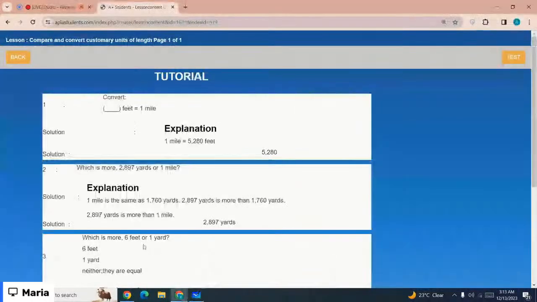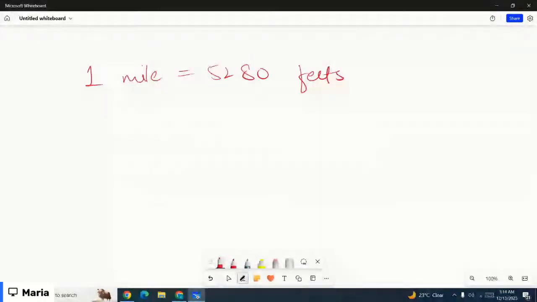Okay, the next one is which is more, 2,897 yards or 1 mile? Now that is a comparison between yards and mile, right? So 1 mile equals 1,760 yards. Mile is much bigger than the yard.